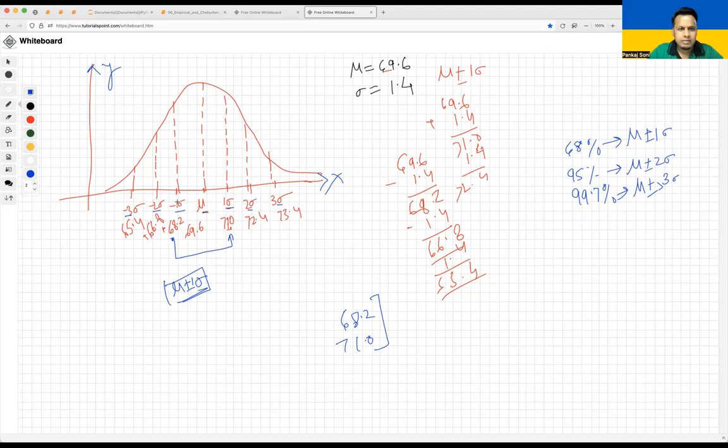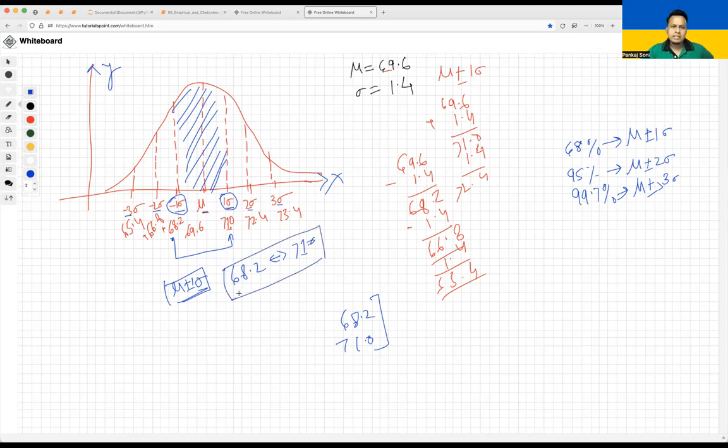This falls under -1 sigma to +1 sigma, so 68% of the data, population, or sample falls between 68.2 and 71.0. What exactly does it mean? The height of males between 68.2 and 71.0 covers 68% of the candidates, whichever data has been collected. 68% of the data falls in that particular height.